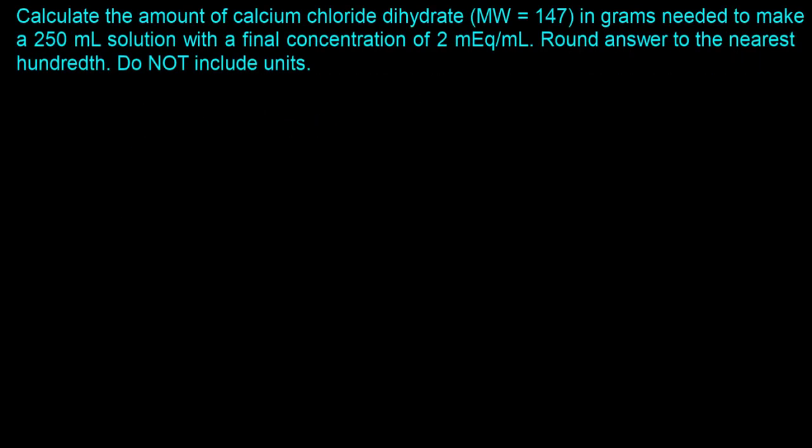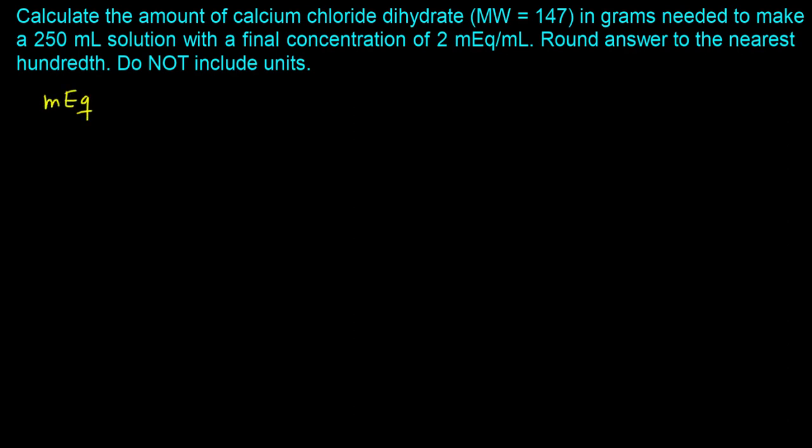This question says, calculate the amount of calcium chloride dihydrate, molecular weight 147 in grams, needed to make a 250 milliliter solution with a final concentration of 2 milliequivalents per milliliter. Round answer to the nearest 100. Do not include units. So we could start off by putting down the equation.